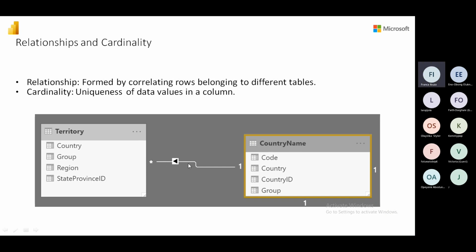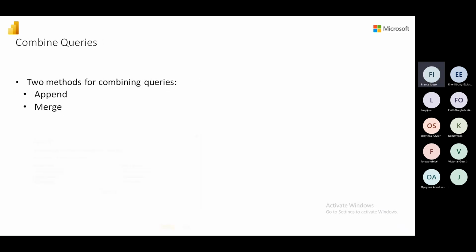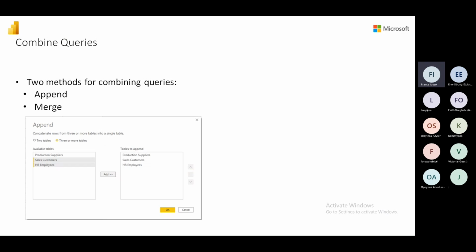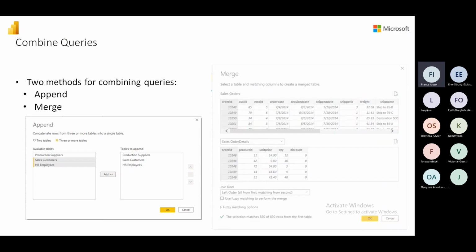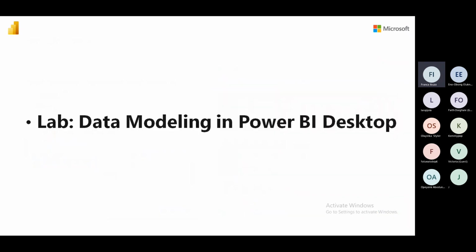So the cardinality, that's the many to one relationship. The relationship between territory and the country name is many to one. Okay, so that's the cardinality. And in the first class, the beginner's class, we looked at how to append and merge tables.